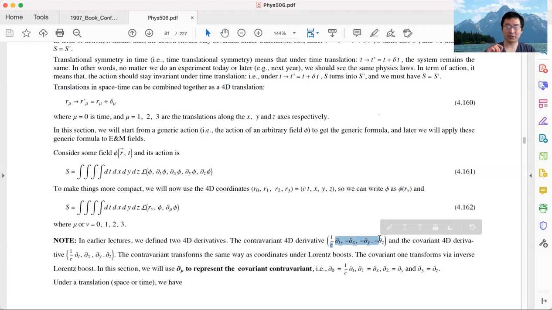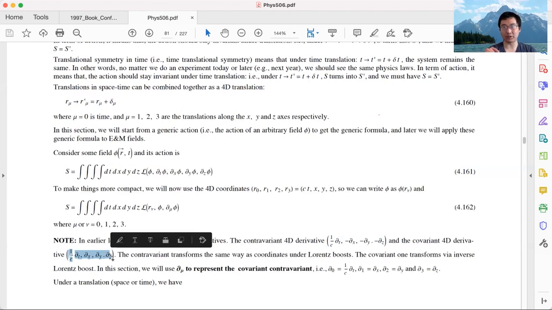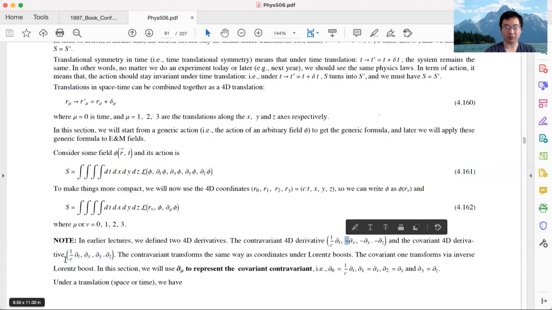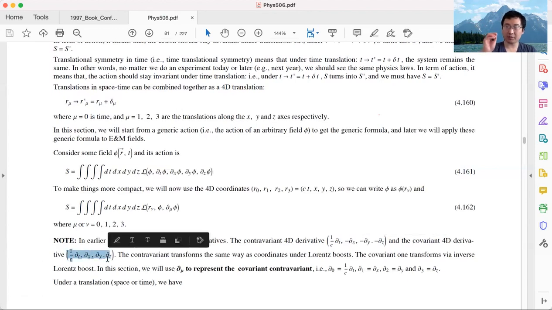In this section, let me follow a slightly different convention. In this section, I will use partial mu to represent the covariant derivative. In other words, my partial 1 is partial x with no minus sign. This convention is a little bit different from what we were doing earlier on.